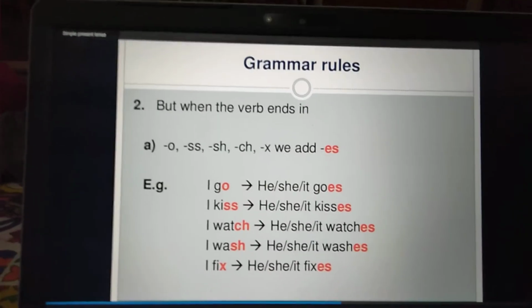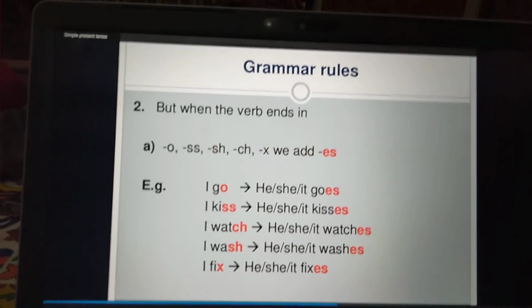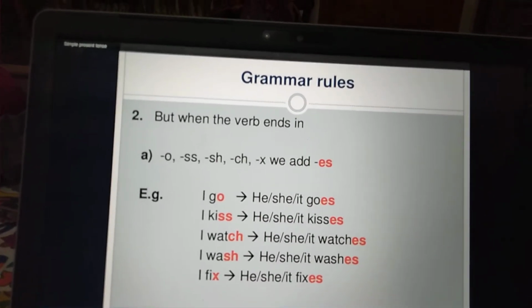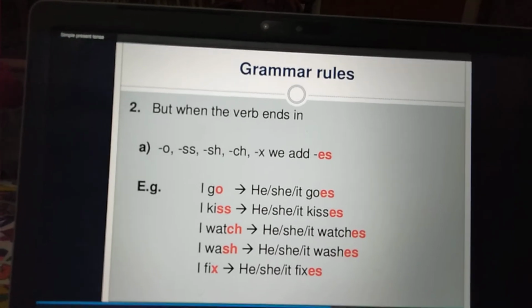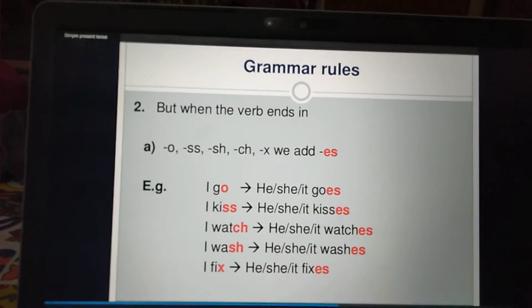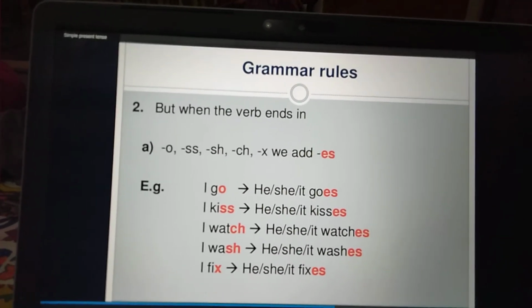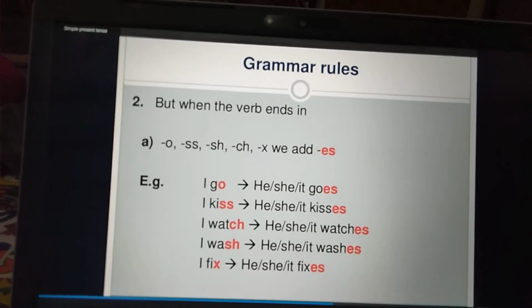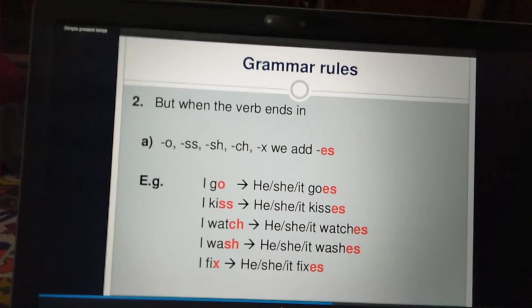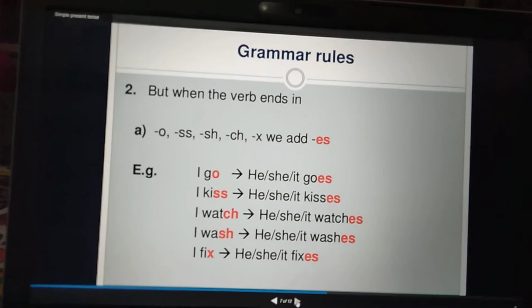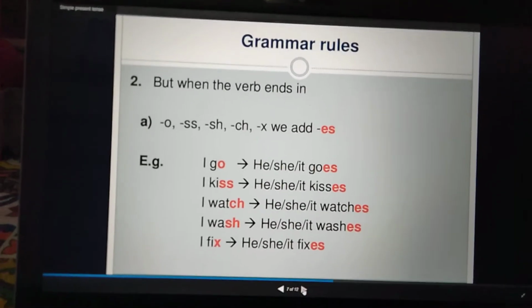Acha, now if the verb is ending in double s, still we are going to add es with it. I kiss, he kisses, she kisses, it kisses. I watch, first person pronoun, so the third person pronoun singular, he, she, it: he watches, she watches, it watches. Clear, bache?